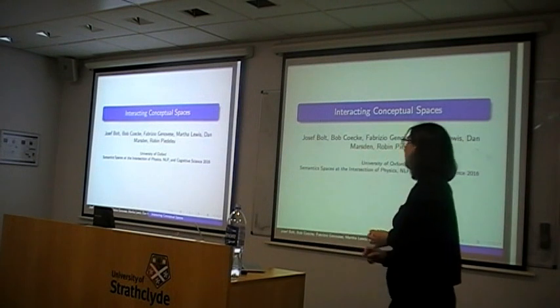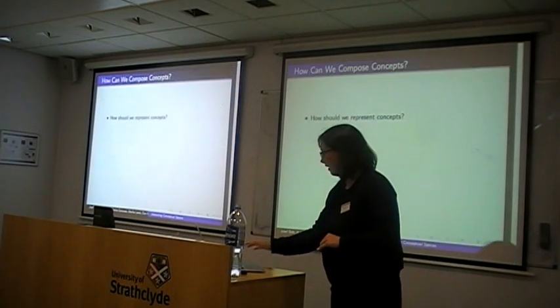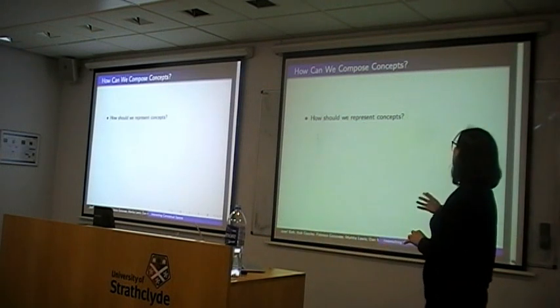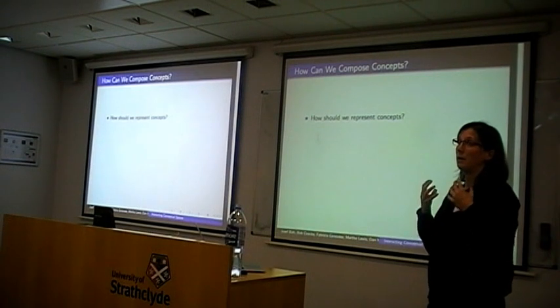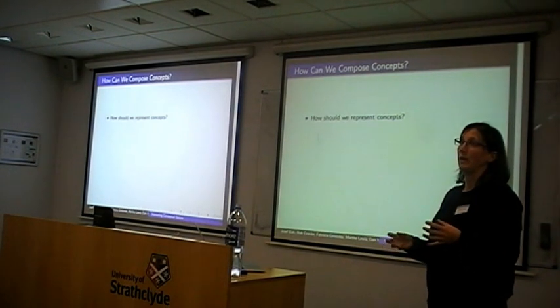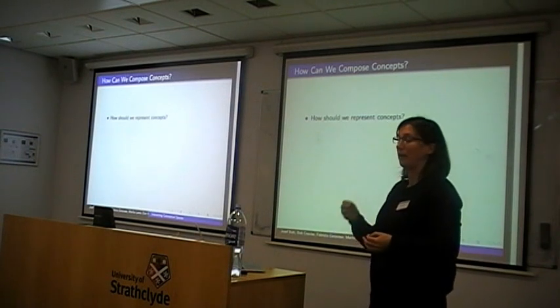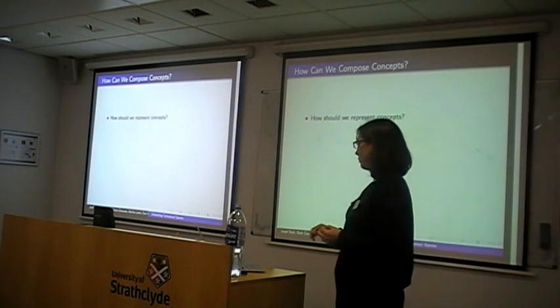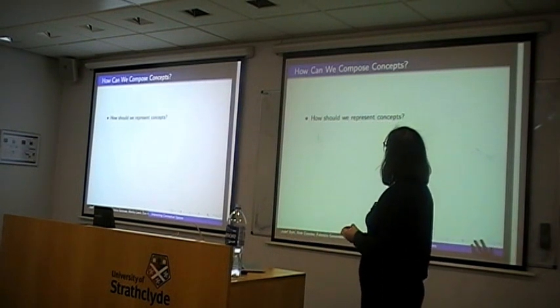And so Peter's already given a nice introduction probably to my first slide. Oh, not quite the first slide. So really the point of this was to integrate a version of conceptual spaces theory with the compositional distributional semantics that we've had some talks about. So the question is, how can we compose concepts?